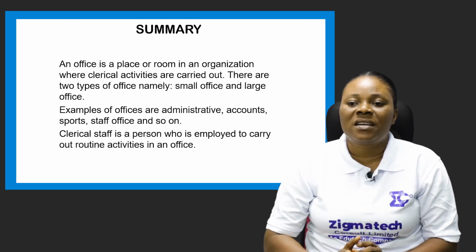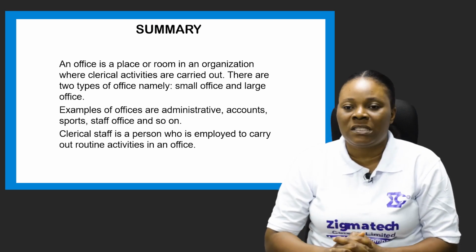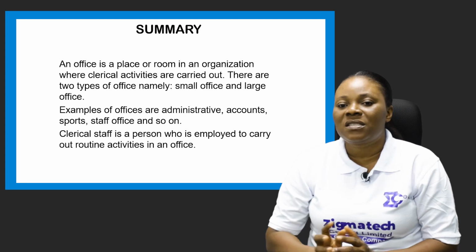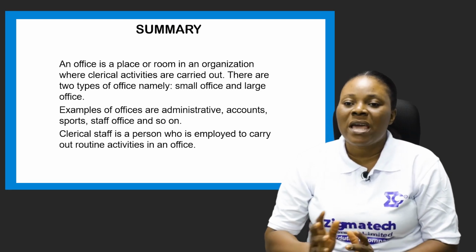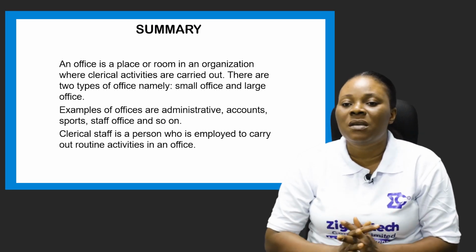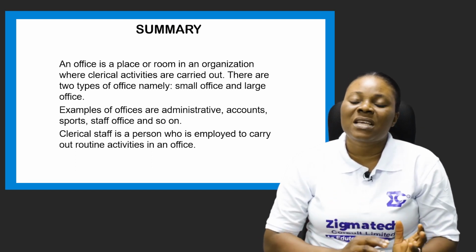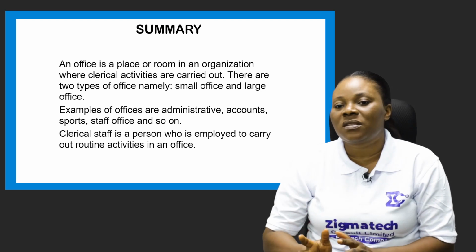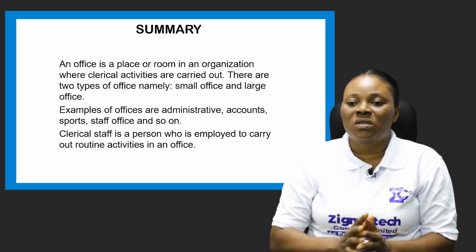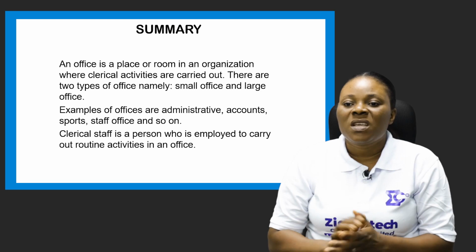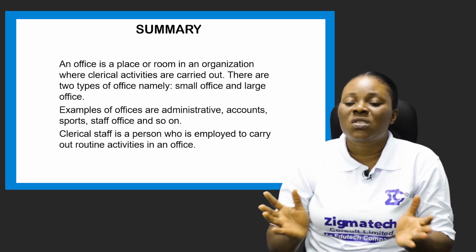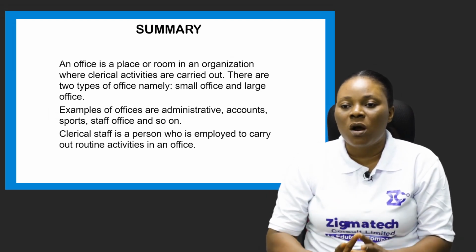And we identified the two major types of office: the small office and the large office, and we made some comparisons between the two. We said a small office can be found in small organizations having between 1 to 10 workers, in which they carry out just a small volume of work.